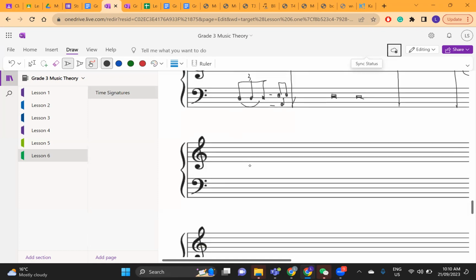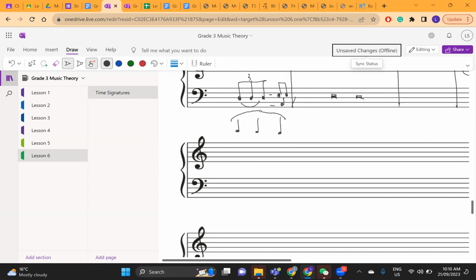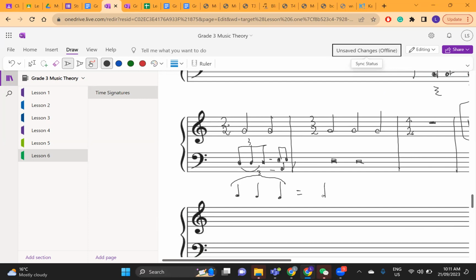You can also have triplets of other notes. For example, a triplet of crotchets is written like this, with a 3 and a line over them, and that means 2 crotchets or a minim.